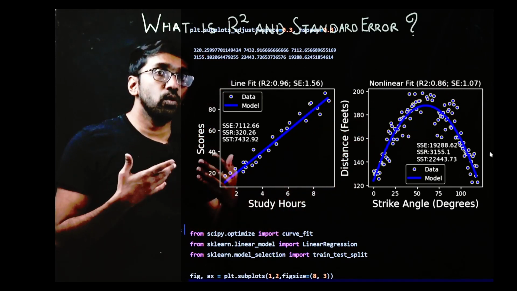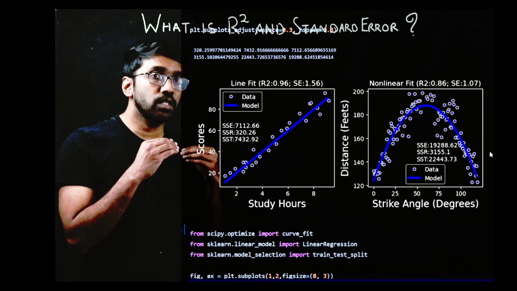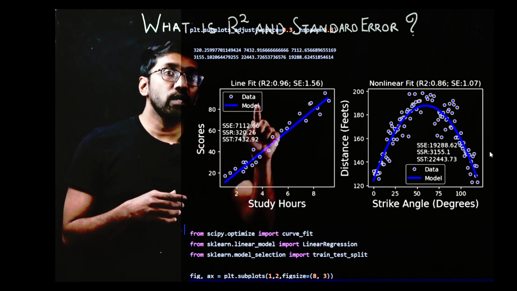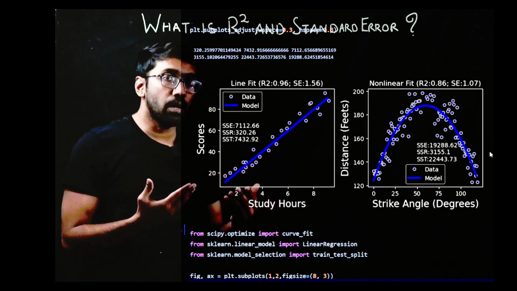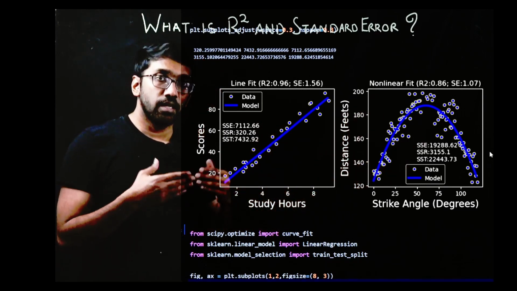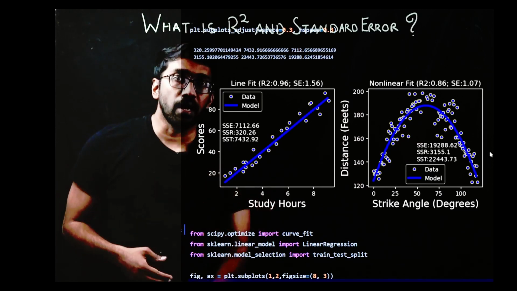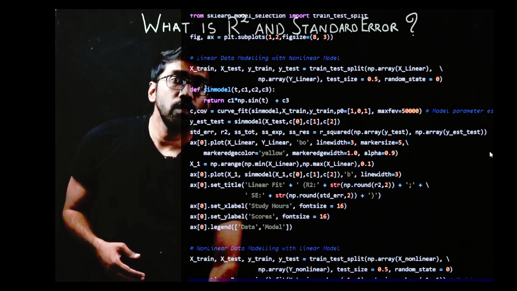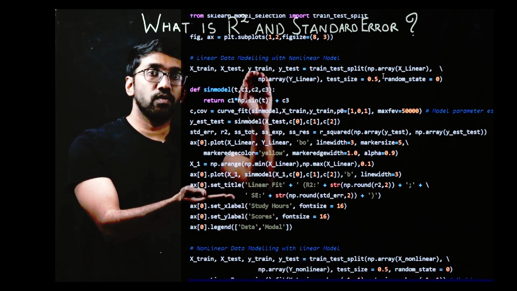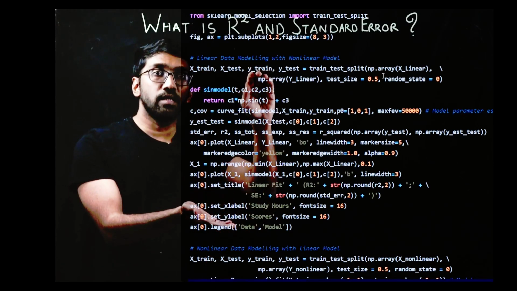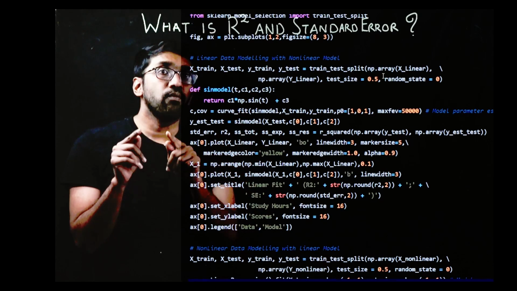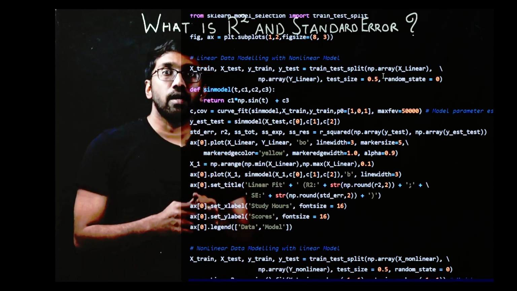But let us try to do something different here. Let us try to see if R-square is really working. So okay, what we can do here is we can try to fit the linear data set with a nonlinear model, and the nonlinear data set with a linear model. Let us try to do that in the upcoming lines. So the first section is for identifying the nonlinear parameters associated with the nonlinear model, and I'm fitting it on the linear data set.